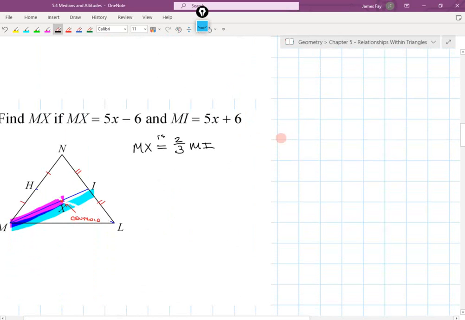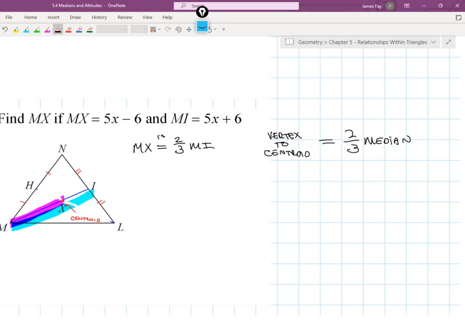The vertex to centroid equals 2/3, and then I'll write median. So then all I've got to do, if I can remember that formula, is fill in, okay, what was the vertex of the centroid that they're talking about? And then what is the expression for the median? Okay.